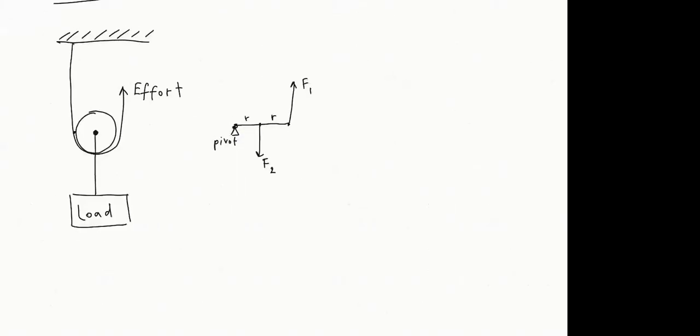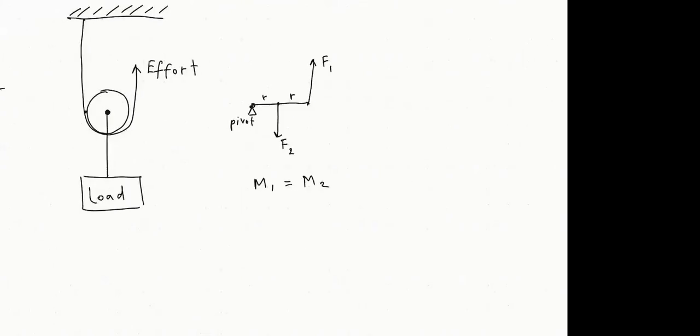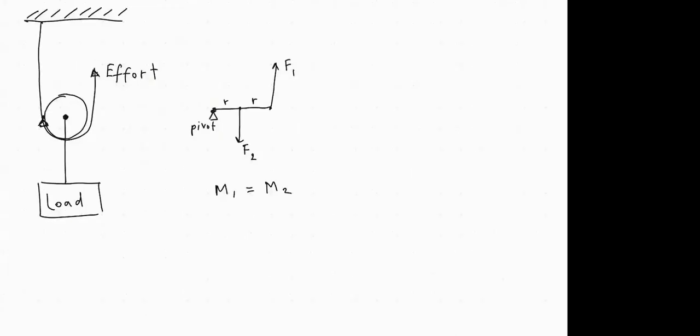Now, the moments again have to be the same. Moment 1 is equal to moment 2. This is the pivot here, because this point is not moving. When you pull the rope, this point remains stationary.